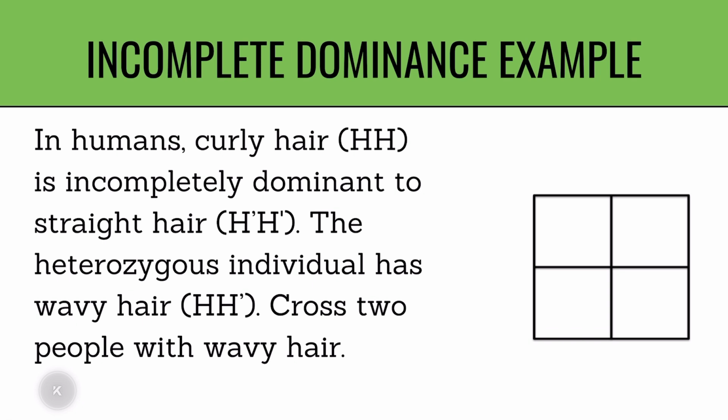So cross 2 people with wavy hair. A wavy haired person is going to have 1 curly hair allele and 1 straight hair allele. So once again, 1 curly hair allele, 1 straight hair allele. Then I fill this out just like I do a normal Punnett square. So I get these options.